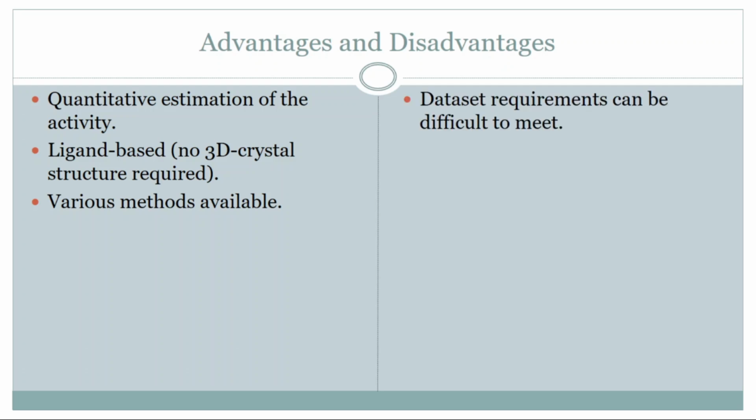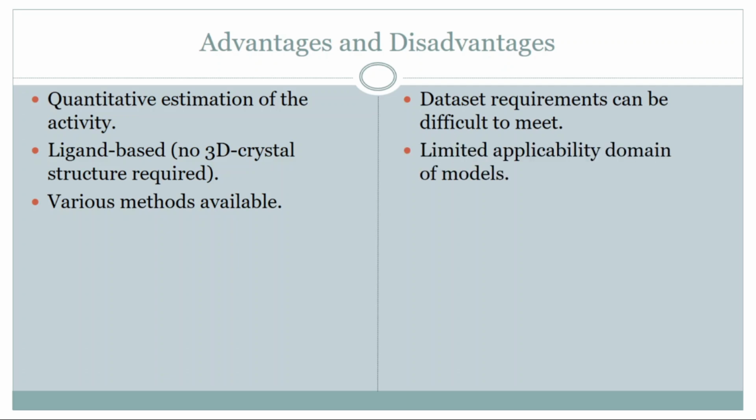Now, as for the disadvantages of QSAR modeling, first thing is that the dataset properties for building a model can be difficult to meet. You need a dataset that has the biological activity known for the target, and you need to have a variation for the activity among other properties, which we will discuss later, but this is one of the main difficulties in QSAR modeling.